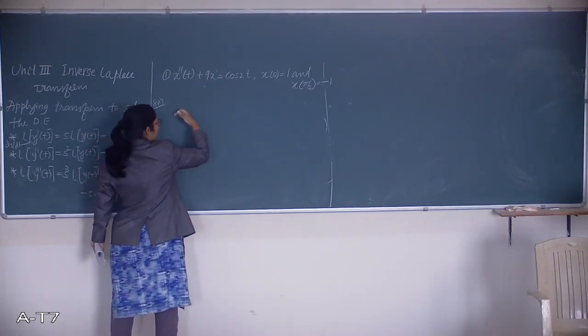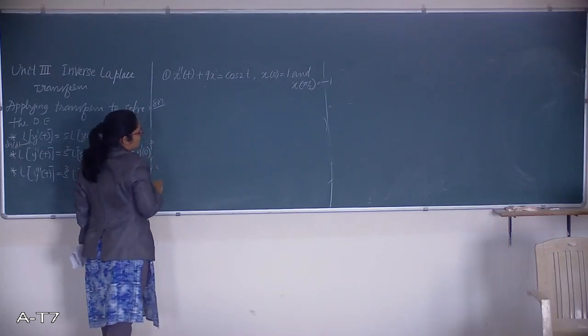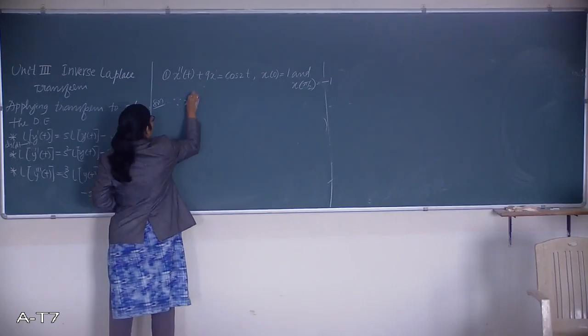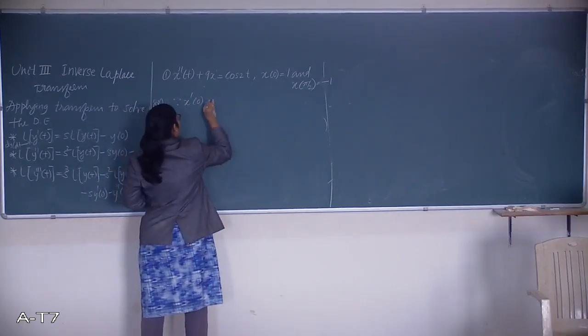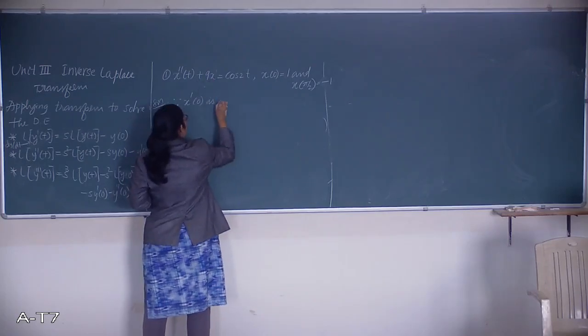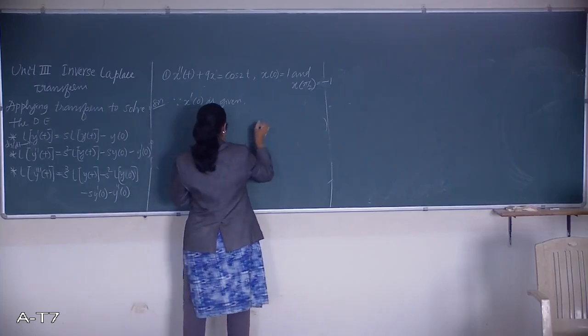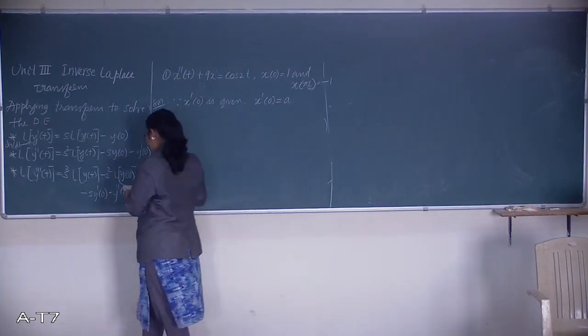So for the time being, we have to assume some value so that in the easiest way we can solve this example. Since x dash of 0 is not given, that value I can take as some constant.